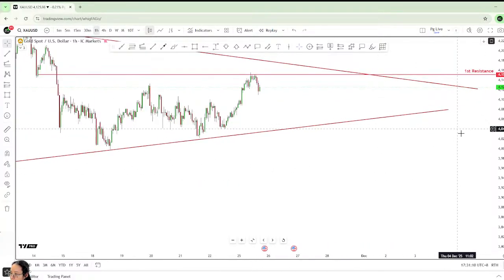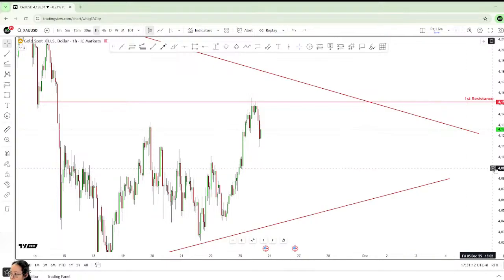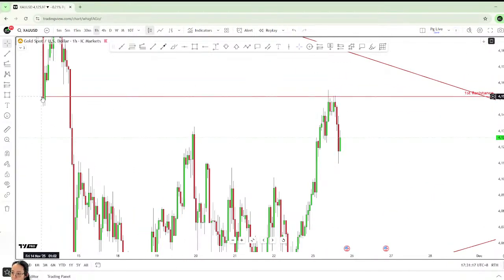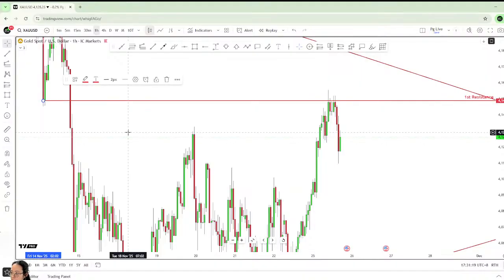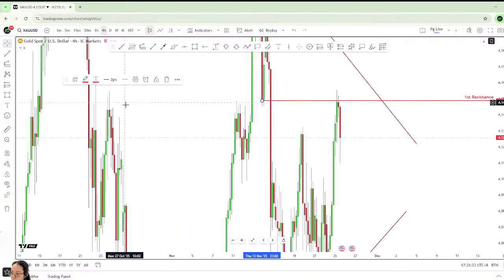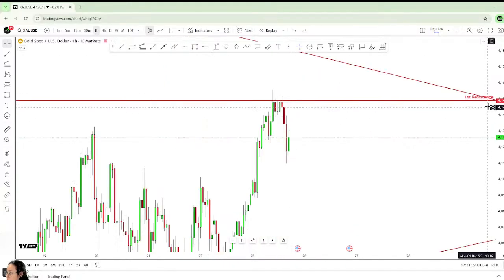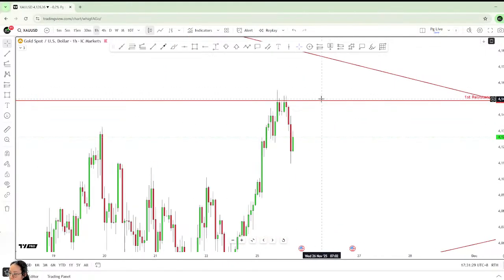Now I go to H1. You will see that when price goes to the 4148, right? If you go to H4, at the body, correct. So 4148, the price closed below 4150, which is a psychological number.